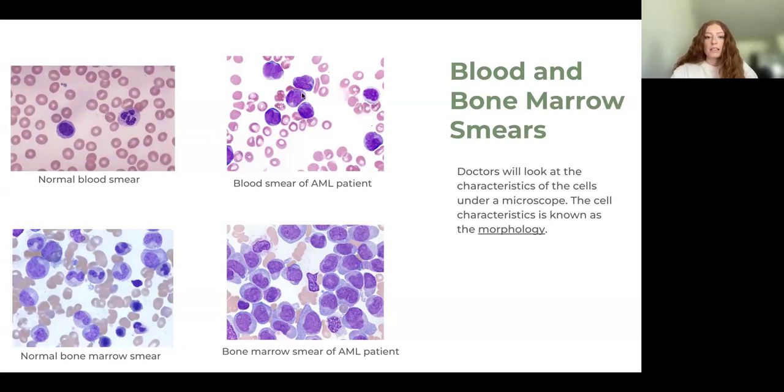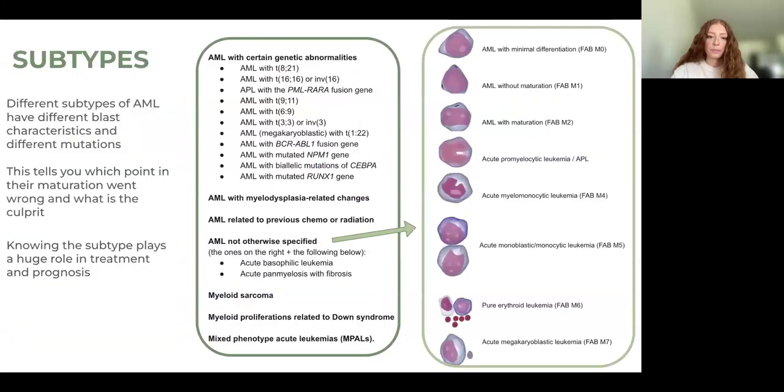So these are blasts, they're different kinds, and they shouldn't be in the blood. Same with bone marrow, there's more, and there's blasts in here, but the blasts in the bone marrow smear of the AML patient are so much more. And so doctors will look at this and it'll help them know the characteristics of your cancer.